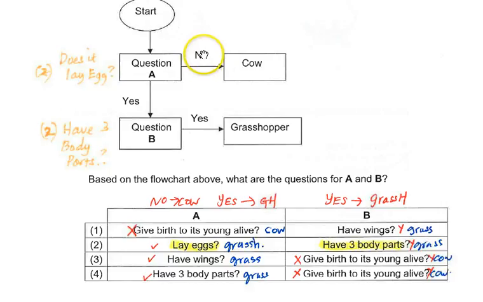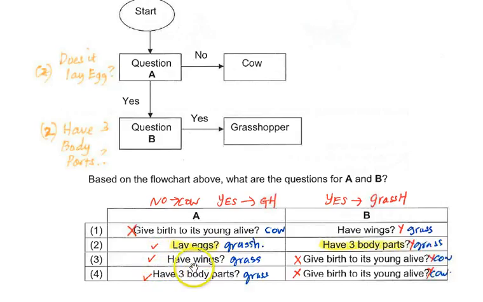Okay, it says no. Have wings? No. Okay, then it says cow. Is correct, right? So it can be 3 and it can be 4 too. Have 3 body parts? No, cow. Okay, so these 2, 3 and 4, they are possible.